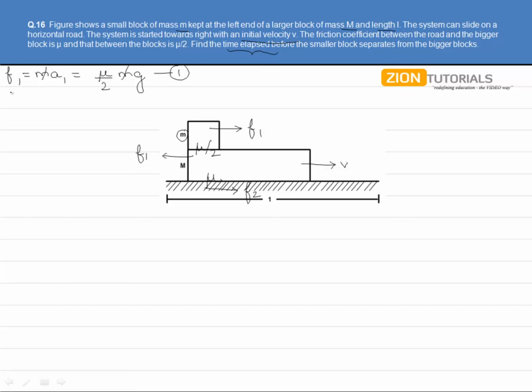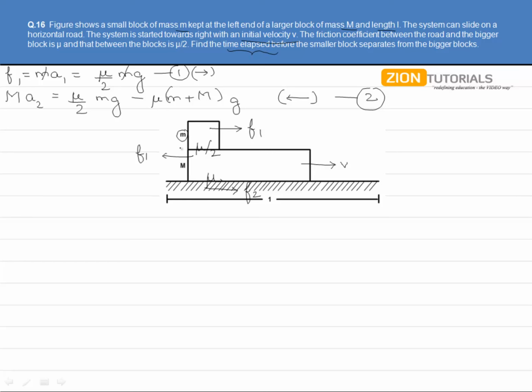Let us move to the bigger block, that is mass into acceleration equals mu by 2 mg minus mu (M plus m) g towards the left. Please note that this is in the right direction and this is in the left. So marking it as equation number 2.